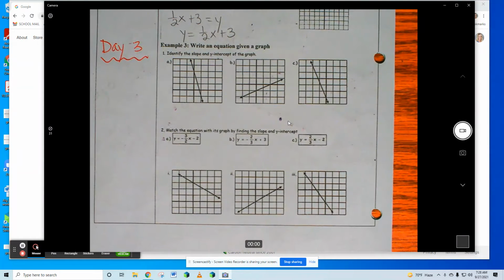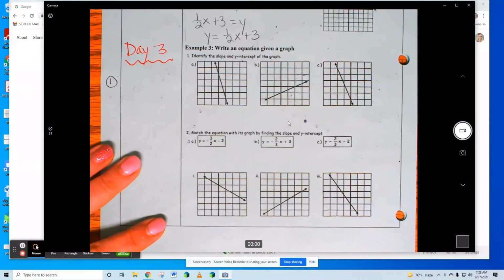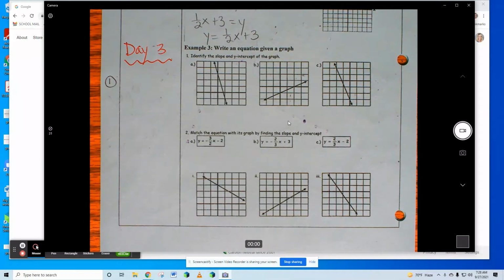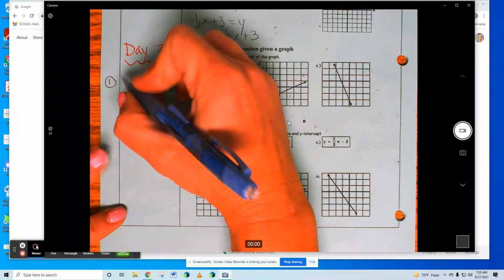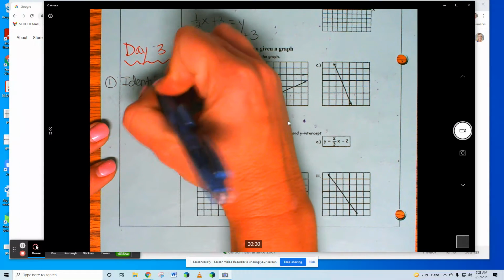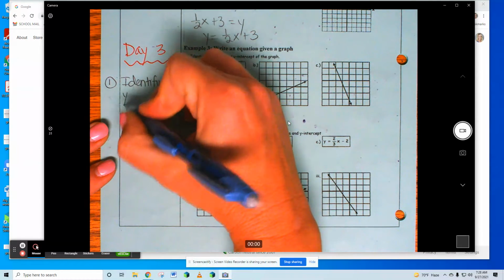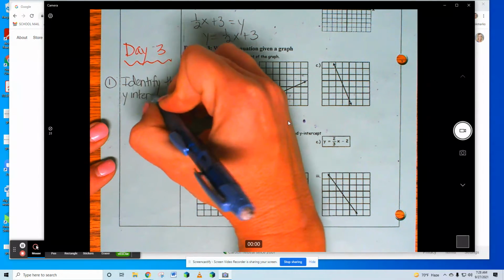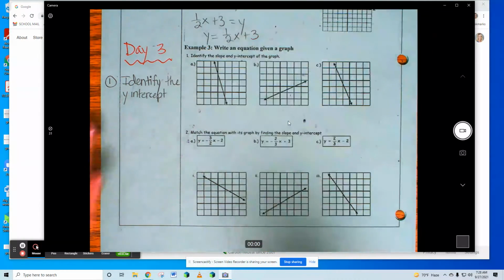I have a couple of steps to help. Step one is to identify the y-intercept. First thing, super important.